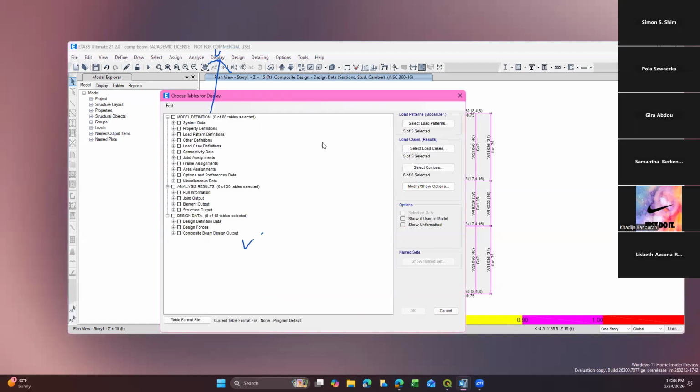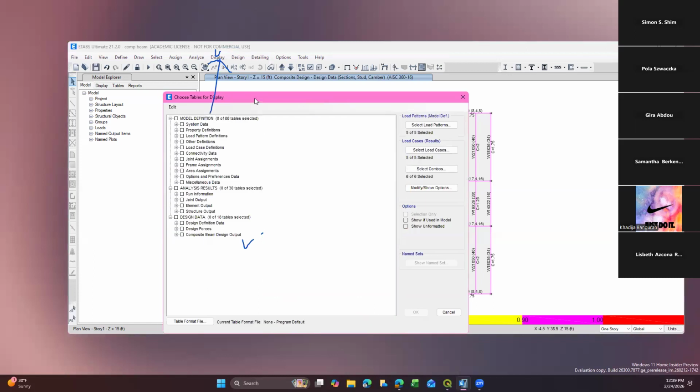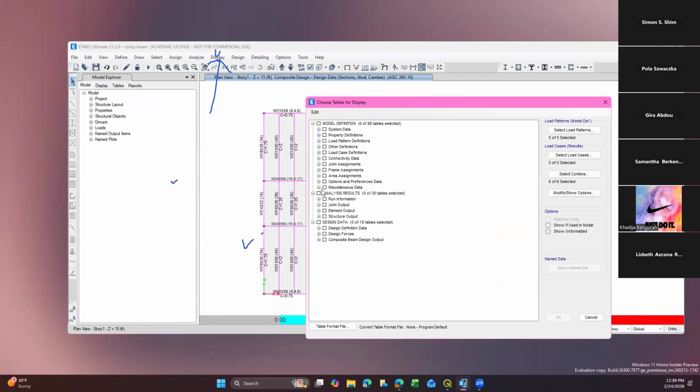Is there miscellaneous data? Can you check this? No, open it. Click the plus sign. Okay, click the material list, plus sign. Click the plus.